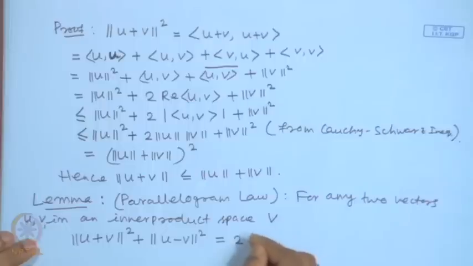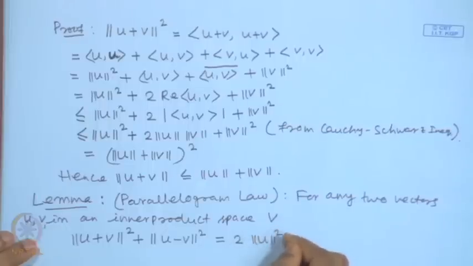twice the sum of the square of norm u plus the square of norm v.